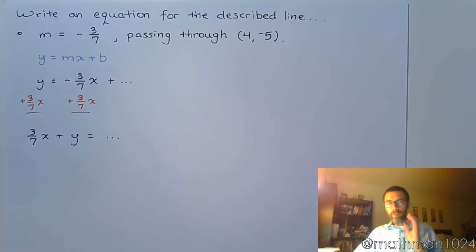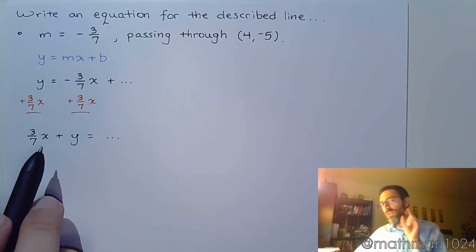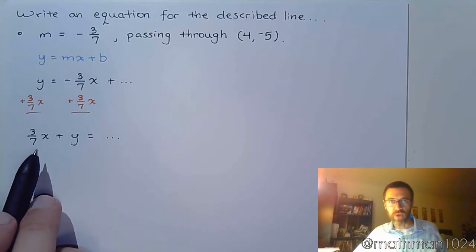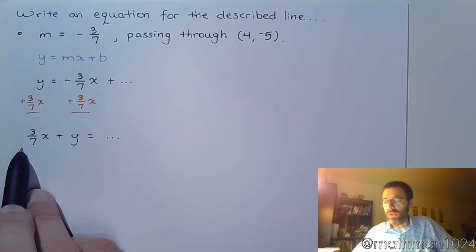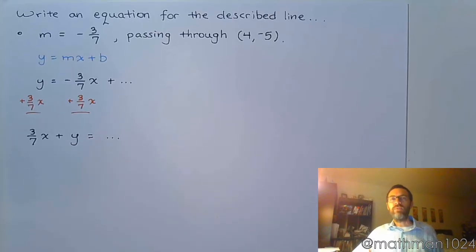Again, I'm going to get to that number, but I'm still trying to get in standard form first. Standard form says both of the variable terms need to be on the left, and I've got that. But it also wants no fractions, and it also wants this term to not be negative. Fortunately, this is already positive, so we're in good shape there. We just don't want to have fractions.